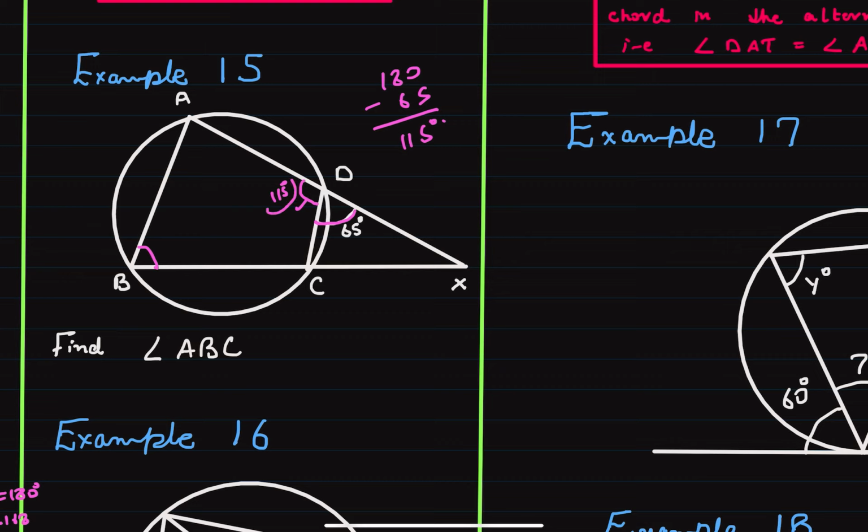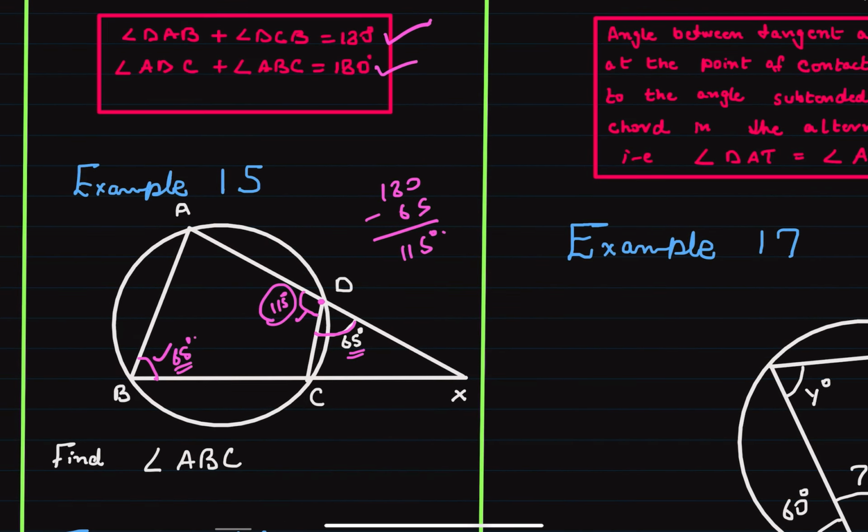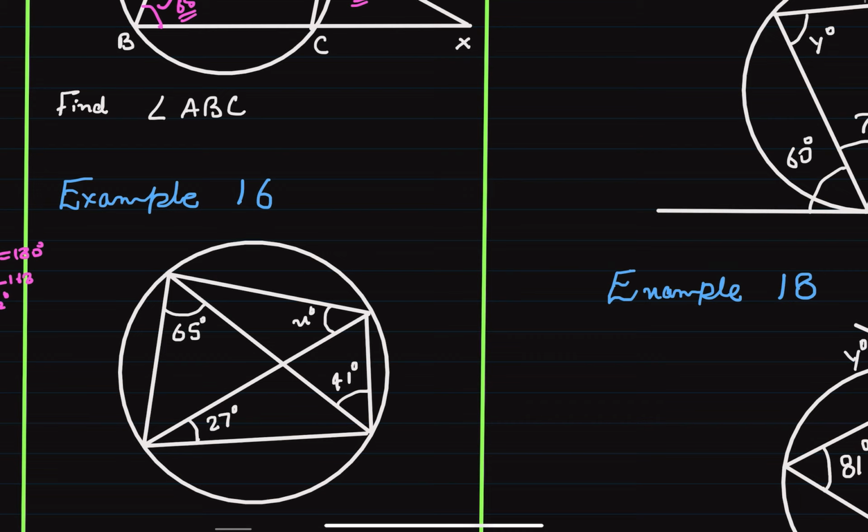And if these two angles are supplementary, you can subtract this 115 from 180 to get this B. That means this is equal to 65, right? So basically, this exterior angle of the cyclic quadrilateral is equal to the interior opposite angle, right? Or you can follow the very same approach, that's whatever I did.